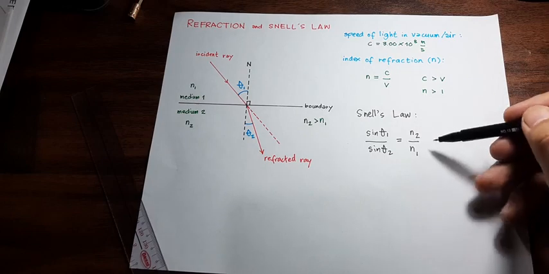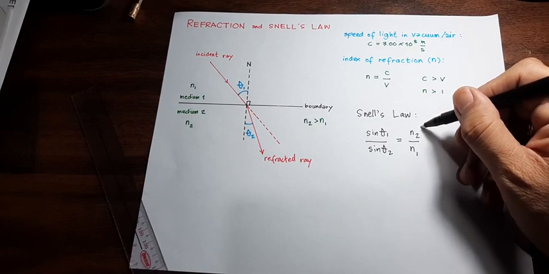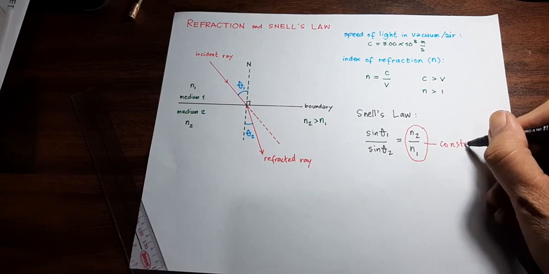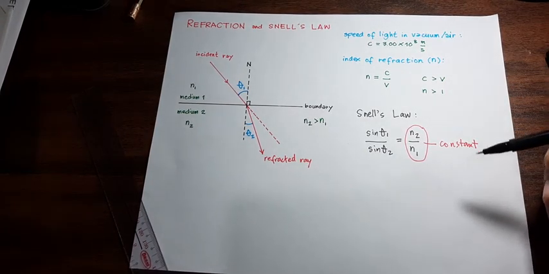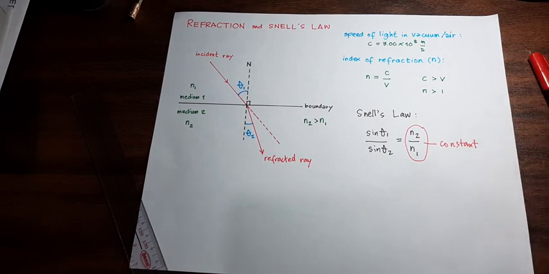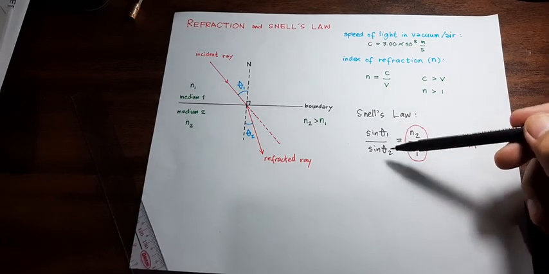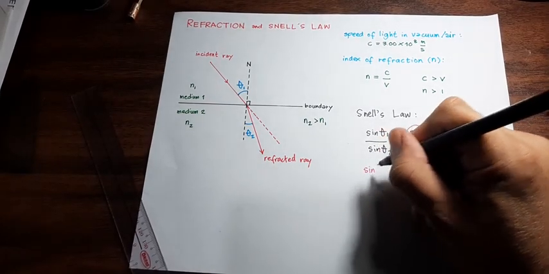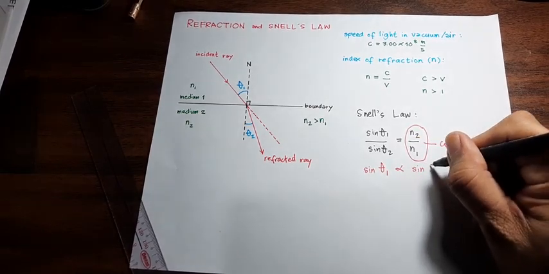Now, the right side of this equation is the ratio of two constants, which means that this is a constant. And of course, if the ratio is a constant, it indicates a direct proportionality. So therefore, we can say that because the ratio of sine angle 1 and sine angle 2 is constant, sine angle 1 is directly proportional to sine angle 2.